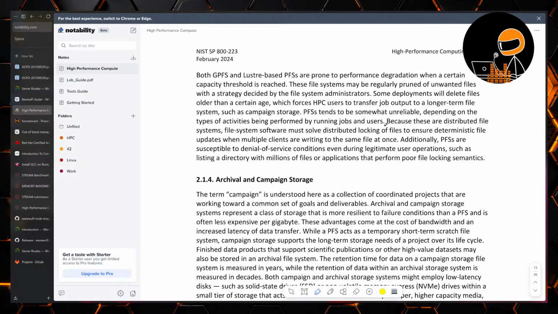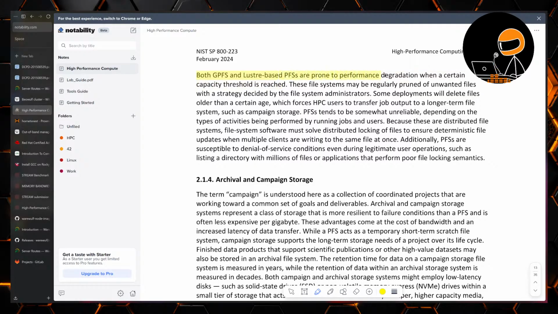Both GPFS and Lustre-based parallel file systems are prone to performance degradation when a certain capacity threshold is reached. Wrecked. This is government documentation, NIST.